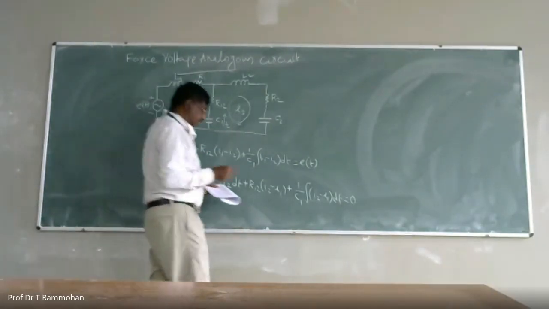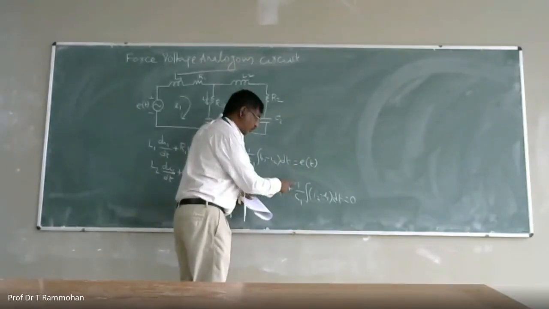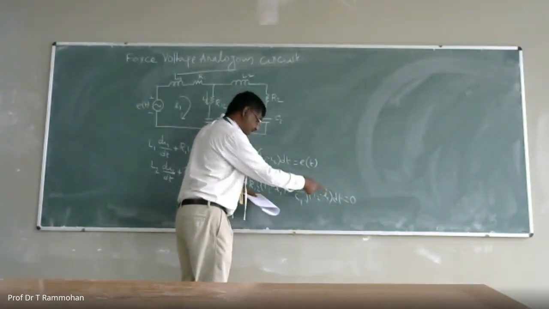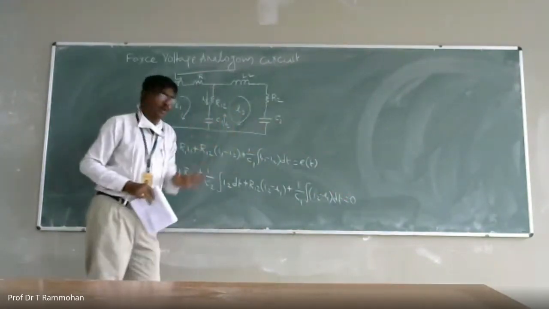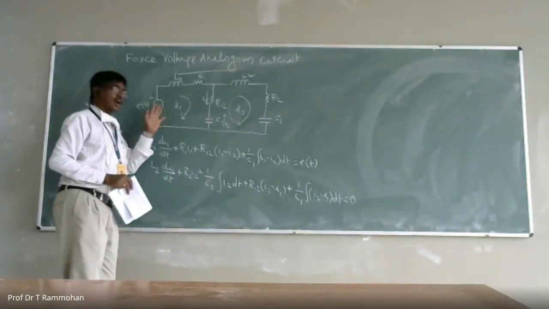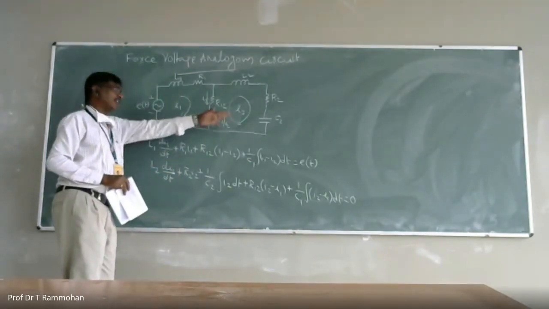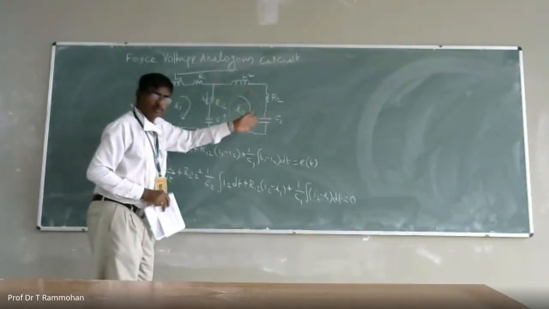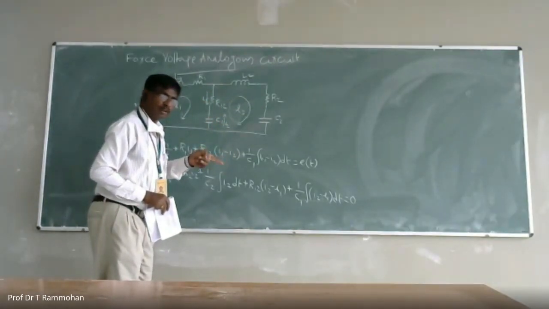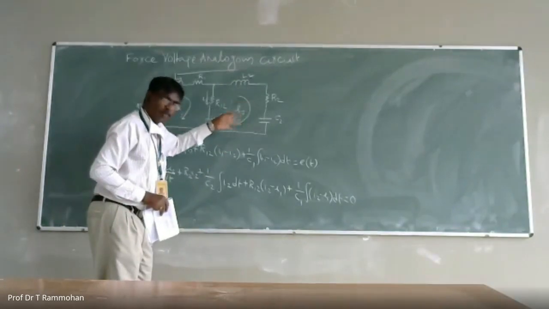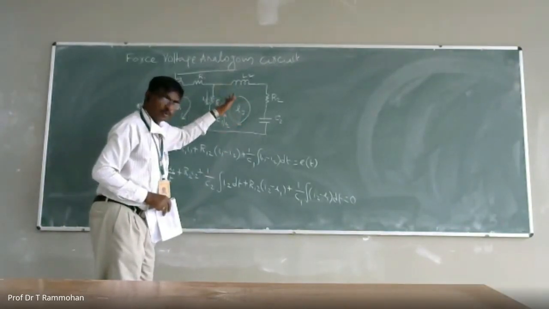And the last term, 1 by C1 integral (I2 minus I1) dt equal to 0. Why is there a 0 here? There is no applied force in mass 2, that is why there is no applied voltage in loop 2.